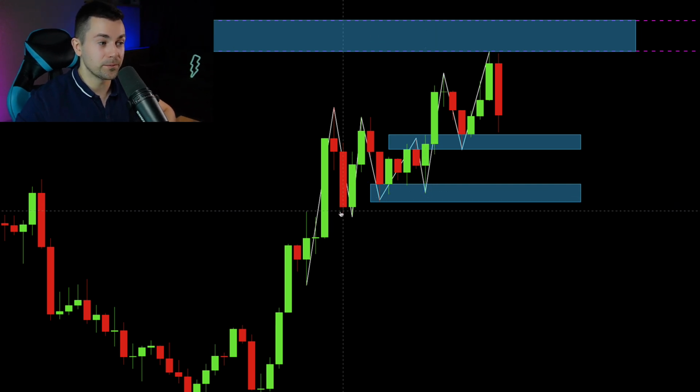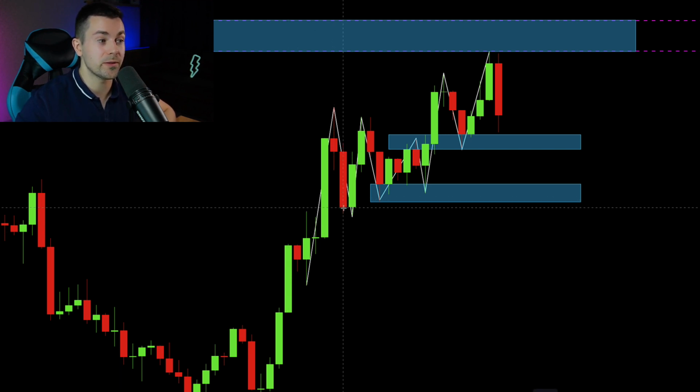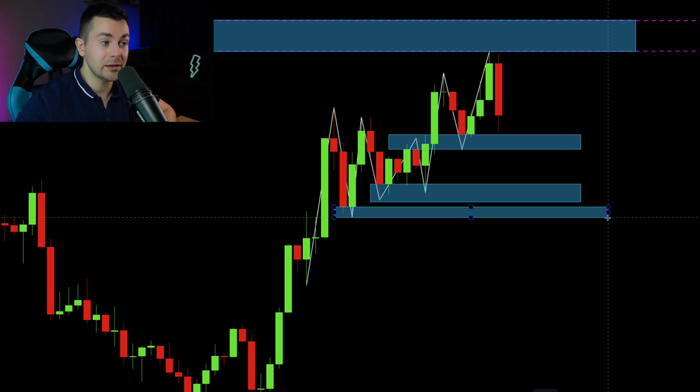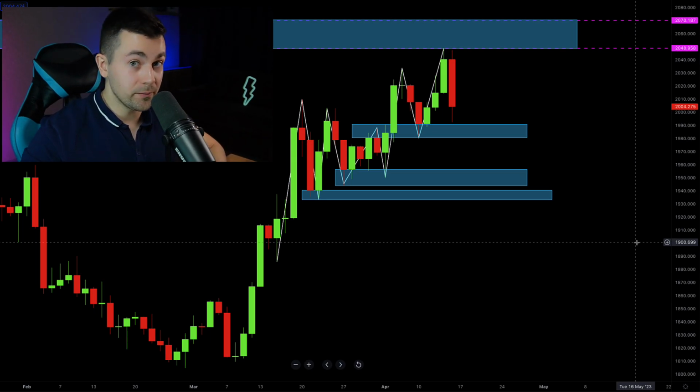Then looking lower, you can see that from that level, a bullish movement initiated. So again, it is a key support, and we draw that taking into consideration the candle close and the wick, right? So these are the horizontal structures.